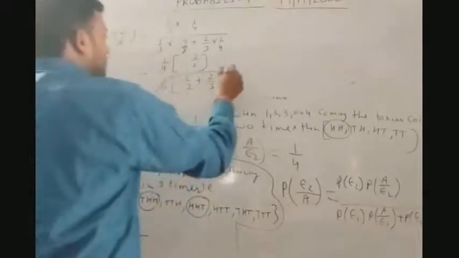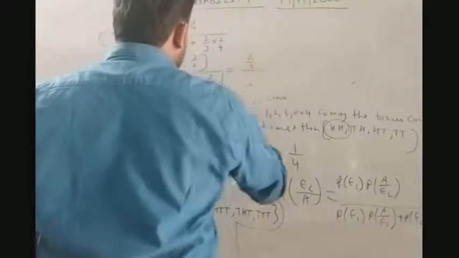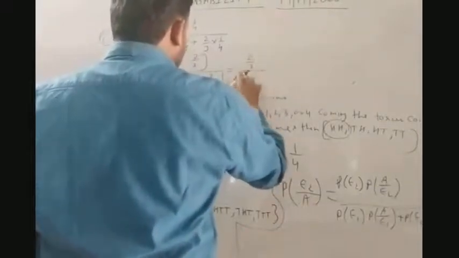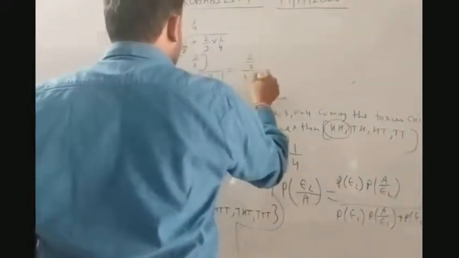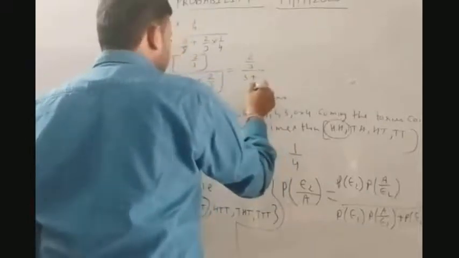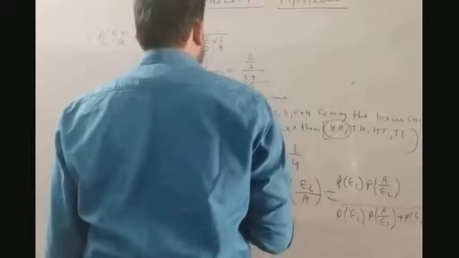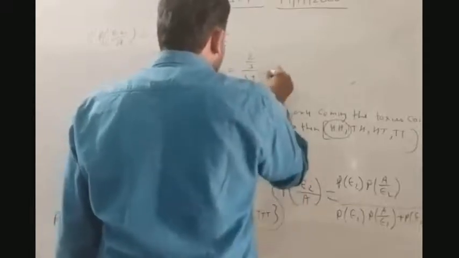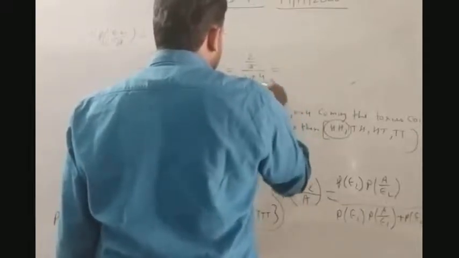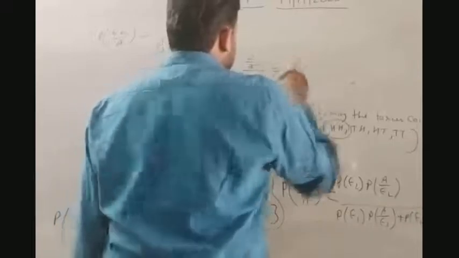Now the 3 cancels, and the LCM is 6, so we get 3 plus 4 over 6, which makes it 4 by 7.